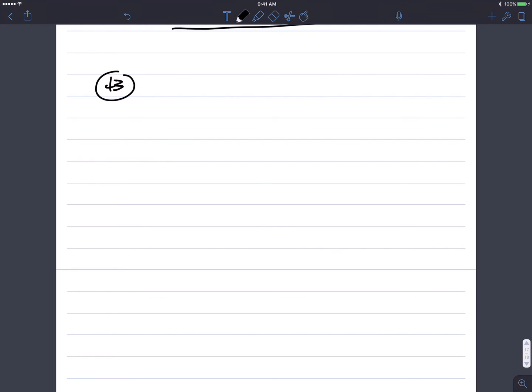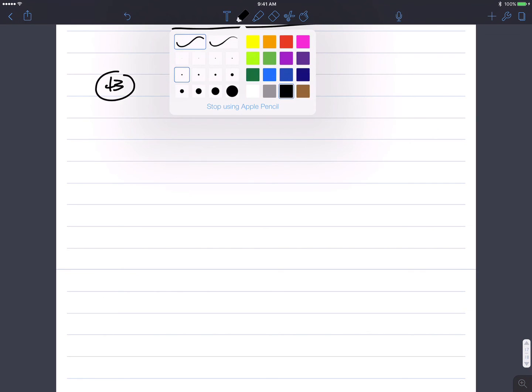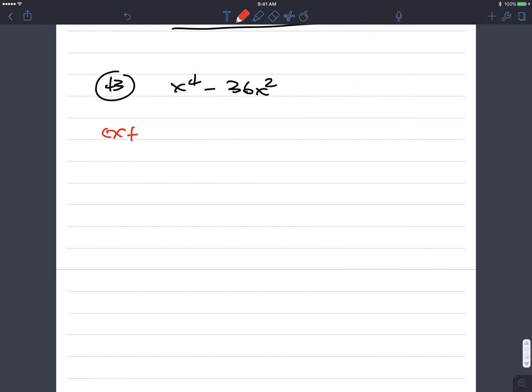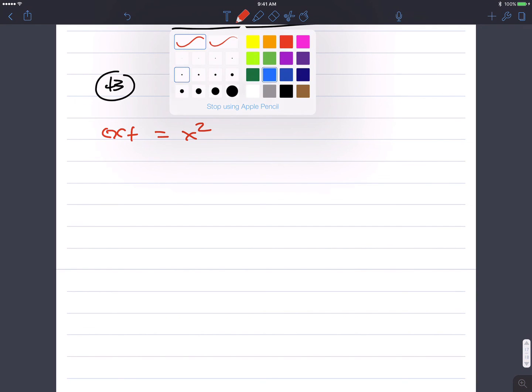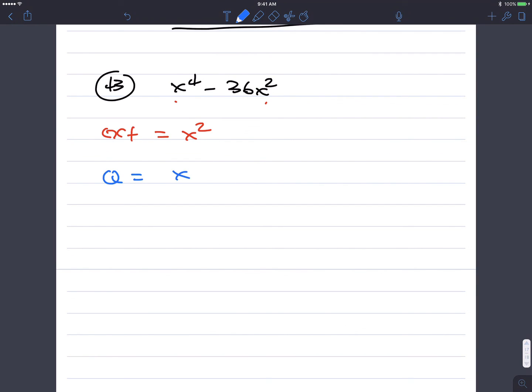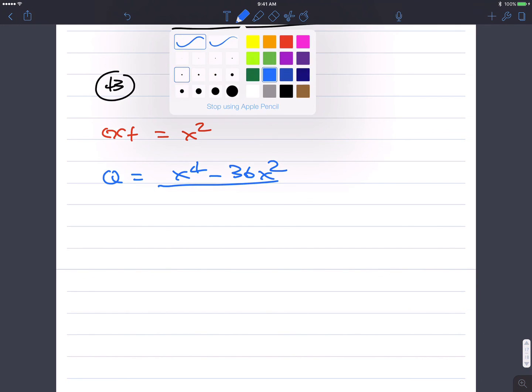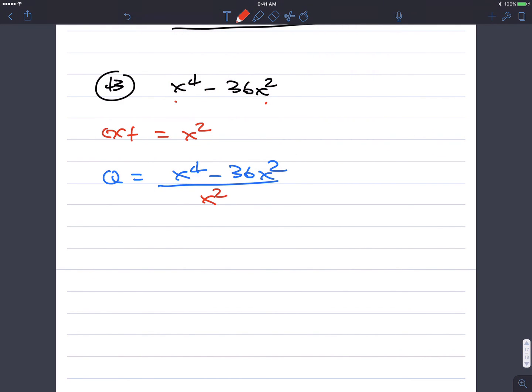Okay. x to the 4th minus 36x squared. What's your greatest common factor of x to the 4th and x squared? x squared, good. Quotient. x to the 4th minus 36x squared, everything over x squared. x to the 4th over x squared, 36x squared over x squared. My quotient is x squared minus 36.